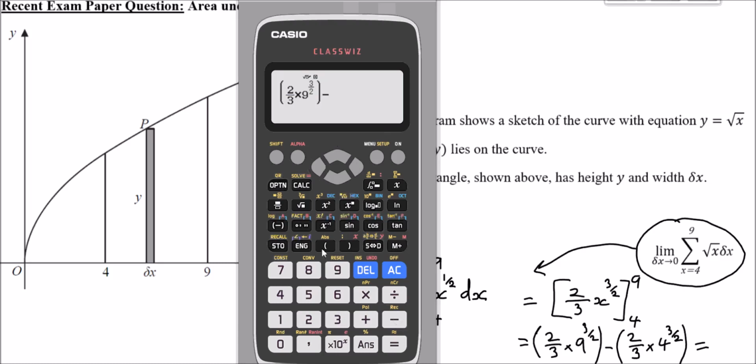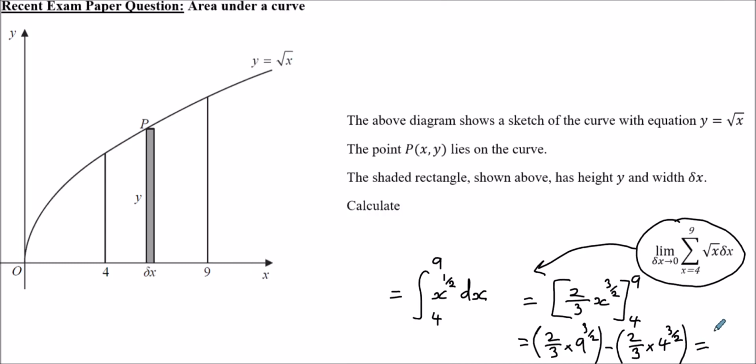Then minus off 2/3 multiplied by 4 to the power 3 over 2, and we get 38 over 3. That is the area in the limit as delta x goes towards 0.